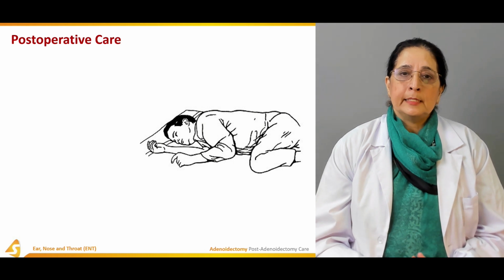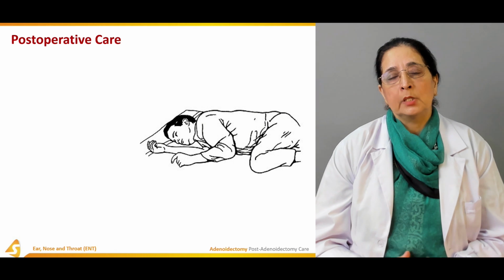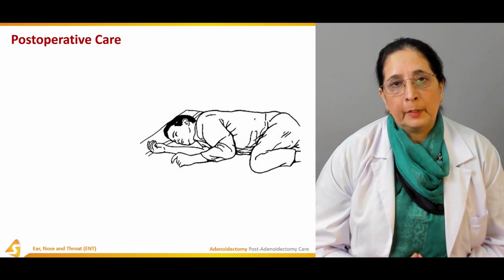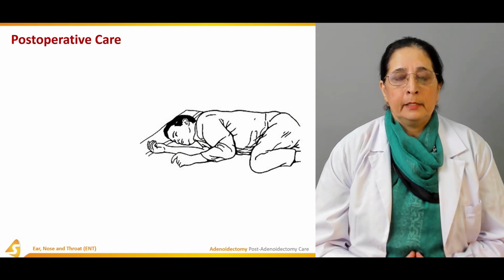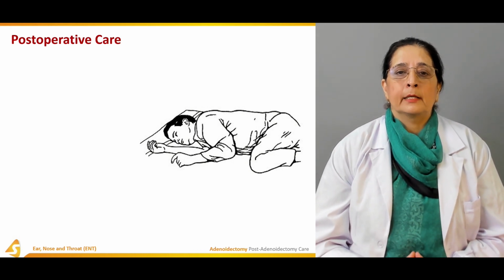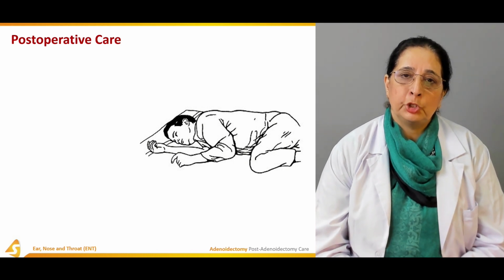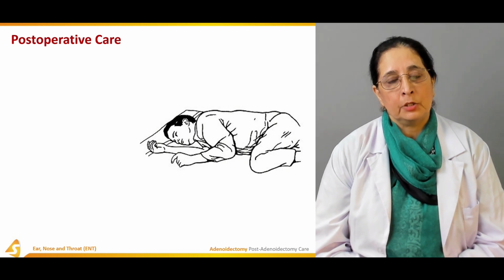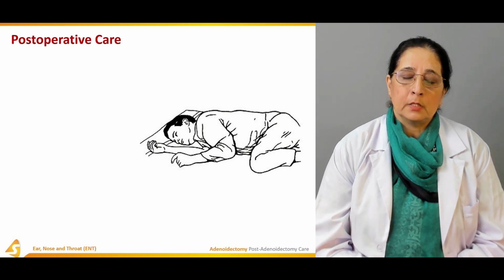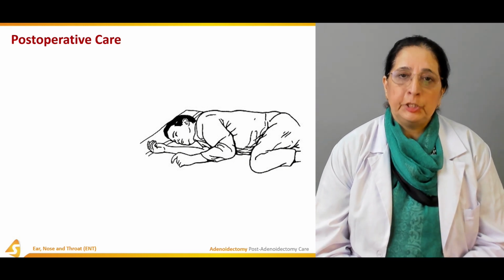The anesthesia usually used is general anesthesia. The position is supine, with the neck extended and supported by a cushion, and we should avoid hyperextension of the neck, which can cause cervical spine injury.